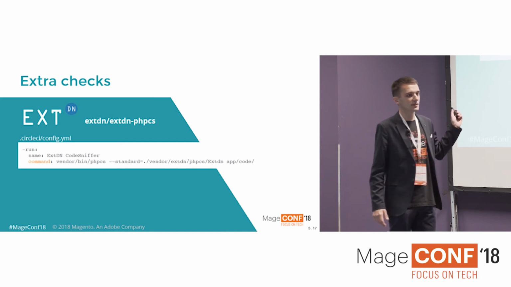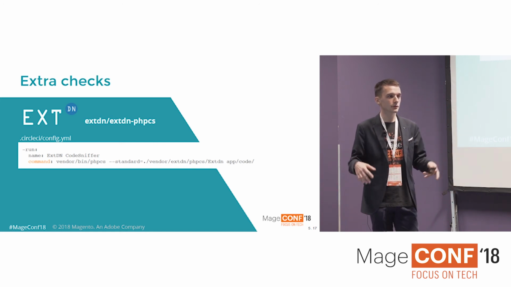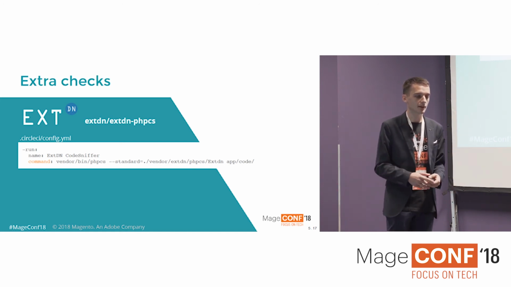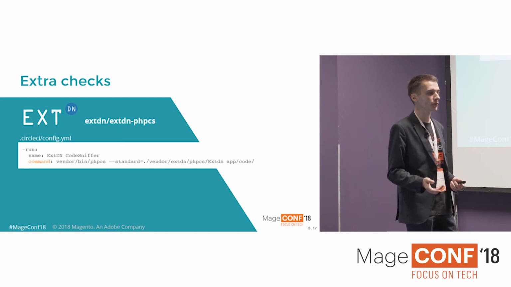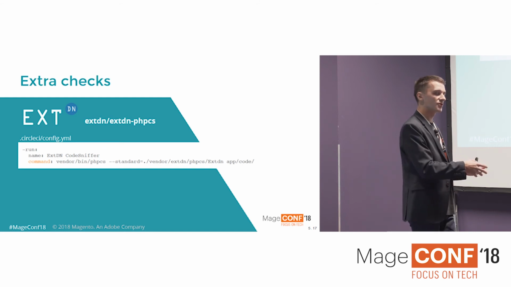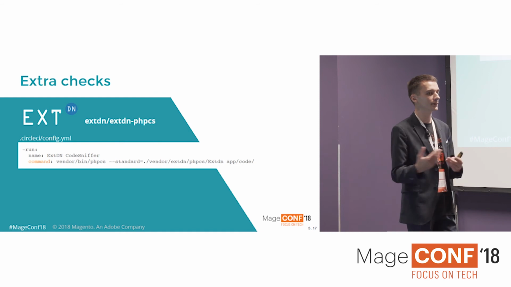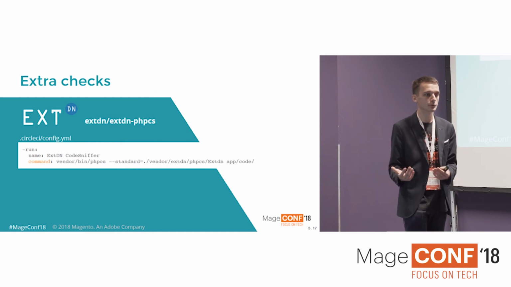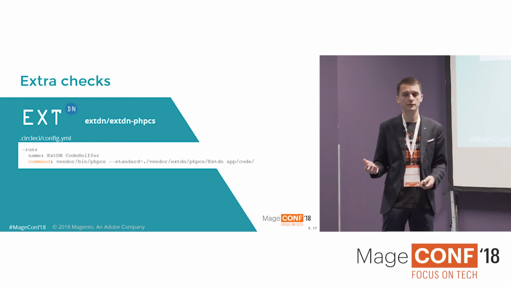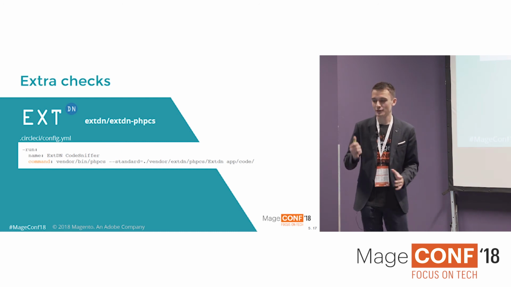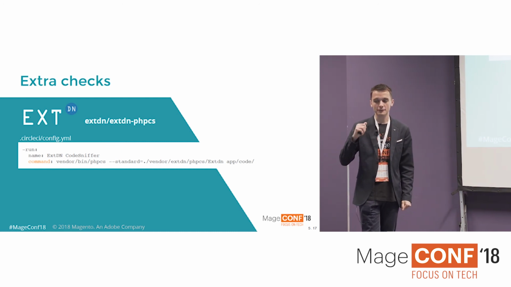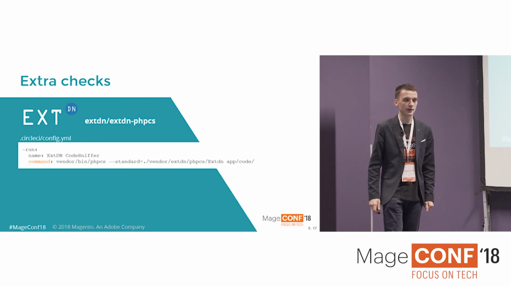Anyway, it's an organization that keeps together extension providers, and they set up their own rules, because Magento core rules are quite different from the rules that you have to implement for your extension that you are selling on the marketplace.